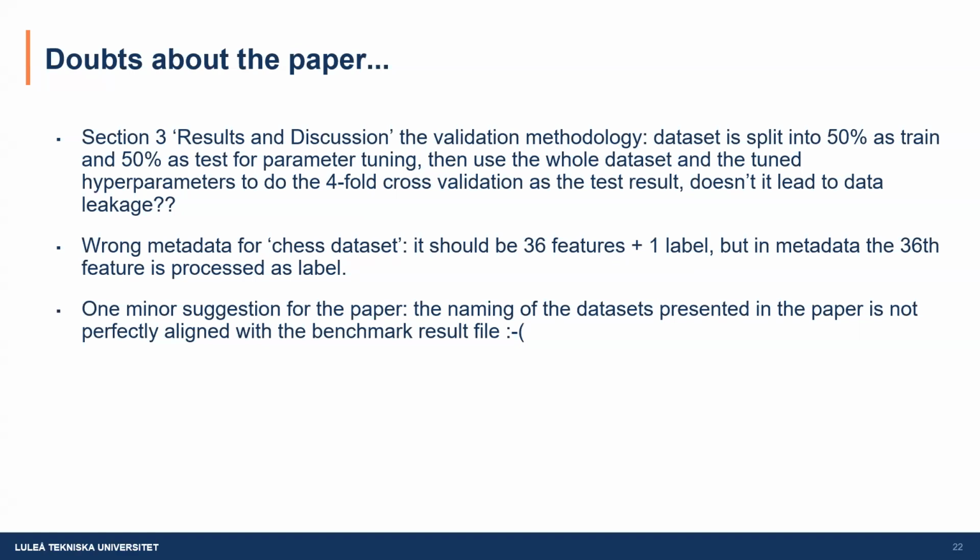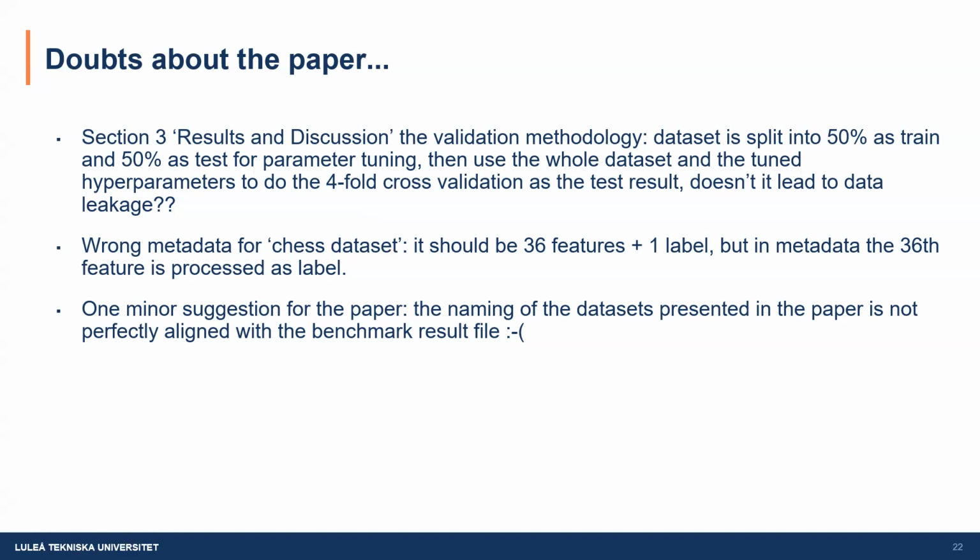And we also noticed the wrong metadata for the chess dataset. It should be 36 features plus one label. But in the metadata, the 36th feature is pre-processed as the label.